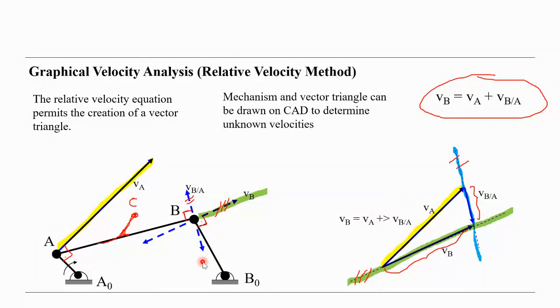And we said there are some givens, and taking into account the givens, we are able to calculate the velocity on the coupler of any points, or the point B, which is the shared point of the rocker and the coupler.